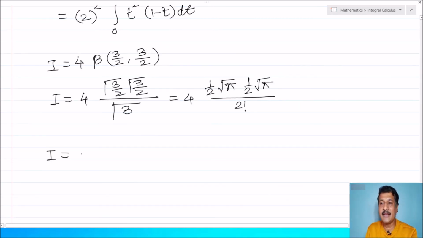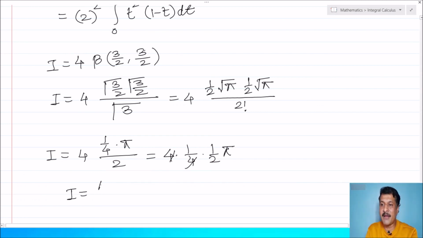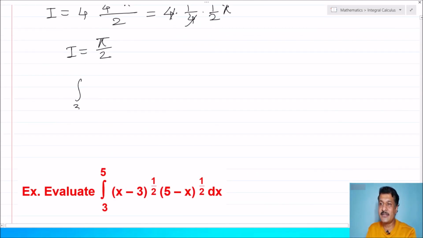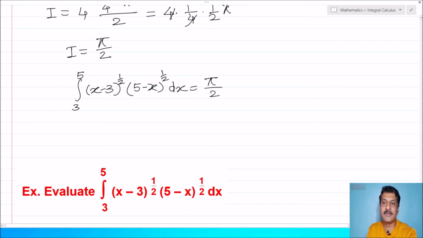So I am getting I equal to 4, this 1 by 2 into 1 by 2 it will be 1 by 4 into pi upon 2 factorial means 2. Simplify this, so I am getting 4 into 1 by 4 into 1 by 2 into pi. So I equal to pi by 2, and therefore what is the I here? I am getting integration 3 to 5 (x minus 3) raised to half (5 minus x) raised to half dx equal to pi by 2, which is your required answer.